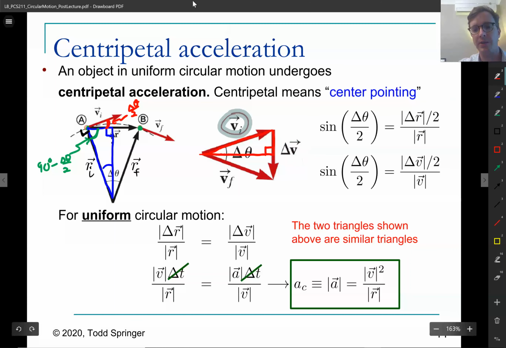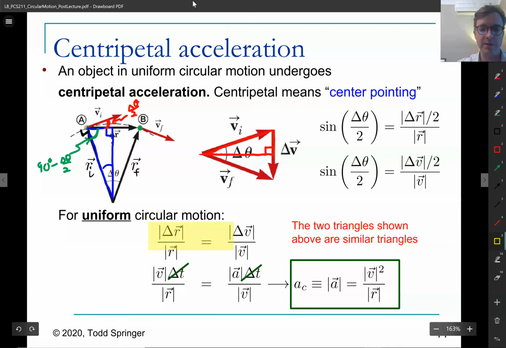Really I'm using magnitudes here: the magnitude of the radius vector r is the hypotenuse of the first triangle, and the magnitude of the velocity, or the speed, is the hypotenuse of the second triangle. Those angles are the same, so this has to equal this. So delta r divided by r is equal to delta v divided by v.